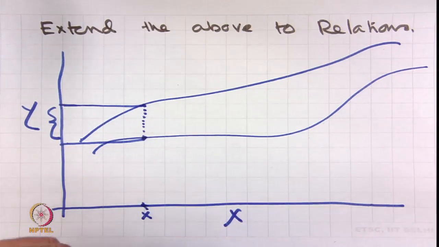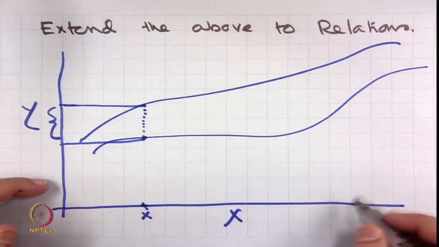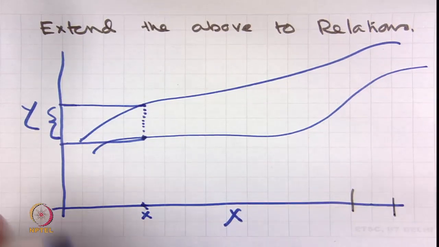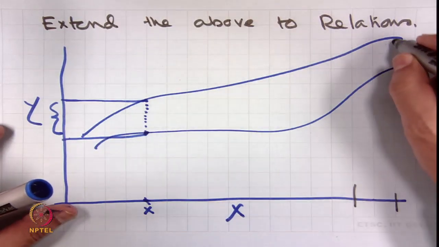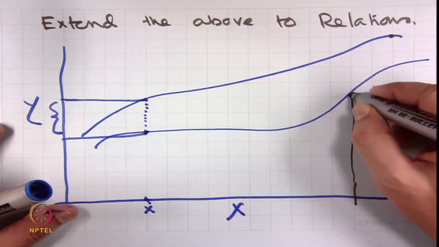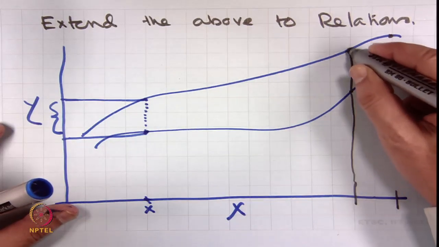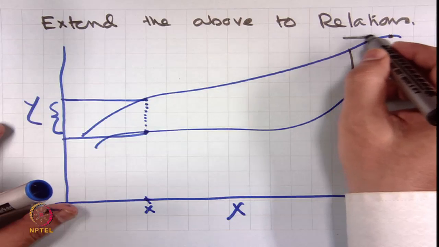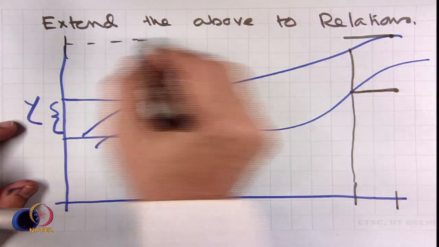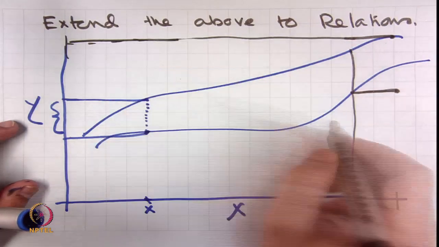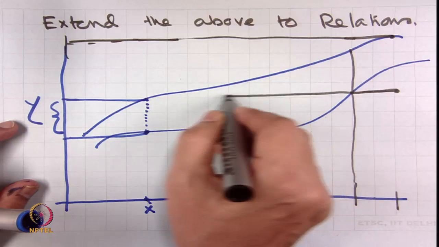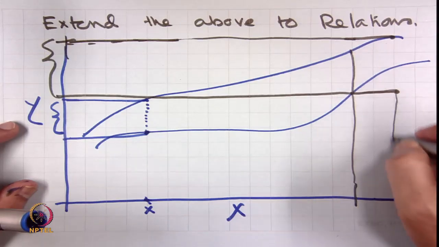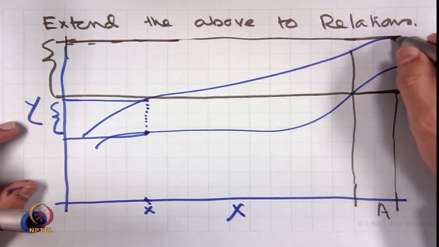On the other hand, if we consider say an interval x 1, x 2, then we can see that this is the set of values of y which are associated with this interval A on x.